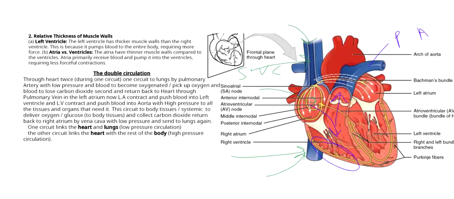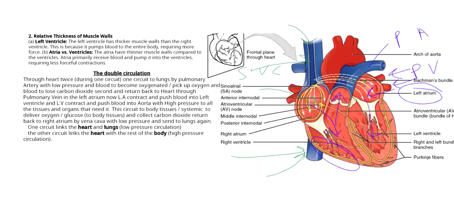After oxygenation, blood returns back to the heart through the pulmonary vein. The pulmonary vein carries oxygenated blood and pours it into the left atrium. The left atrium fills up and contracts and pushes the blood via the bicuspid valve to the left ventricle.